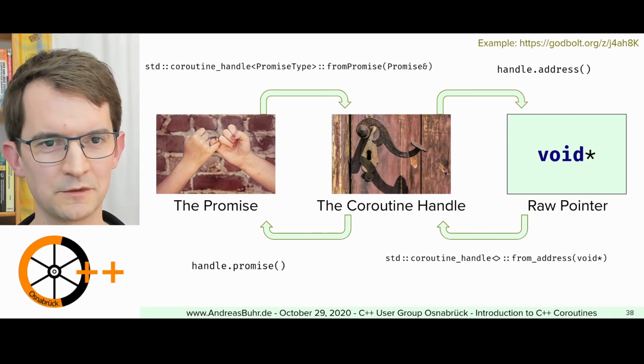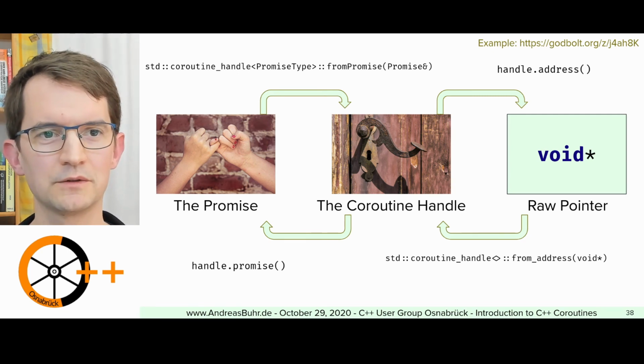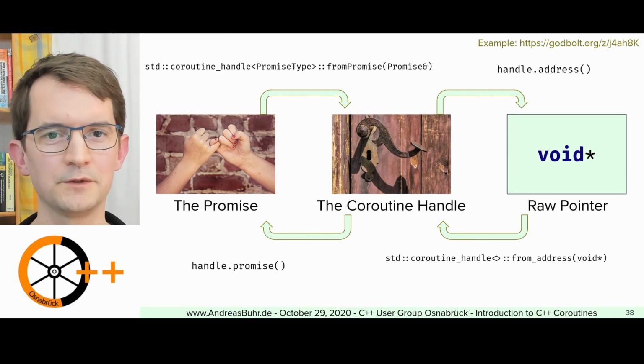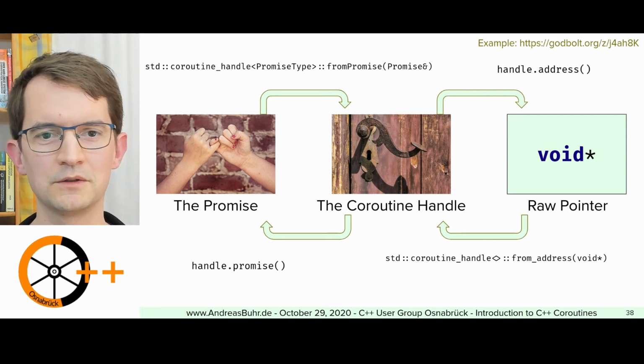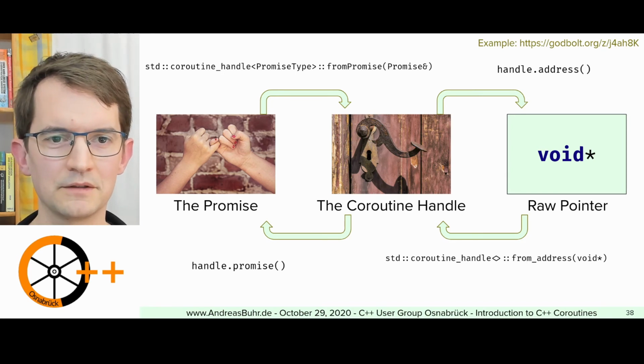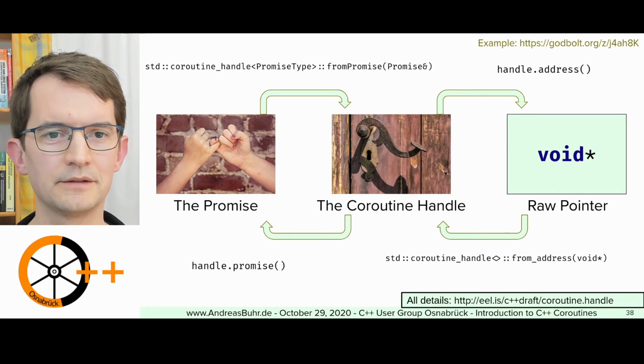If you have a promise object, you can call std::coroutine_handle::from_promise to get the coroutine handle. And if you have a raw pointer representing a coroutine, you can call std::coroutine_handle::from_address to get the coroutine handle. You can always create a coroutine handle of void.